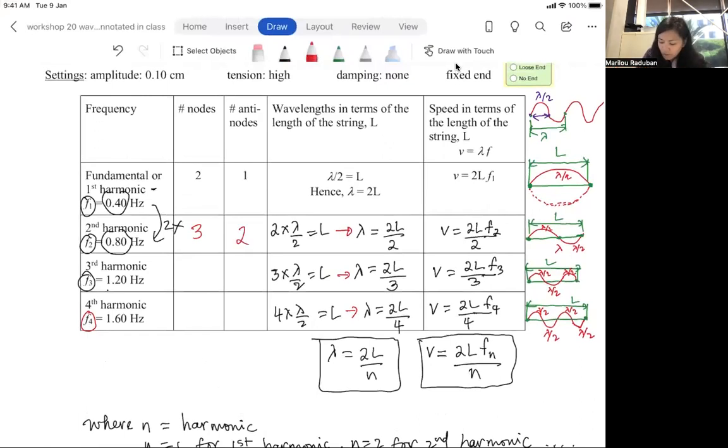Third harmonic, you have 1, 2, 3, 4 nodes, and you have 1, 2, 3 antinodes. So you'll see a pattern here. The number of antinodes is the harmonic, and the number of nodes is just harmonic plus 1.